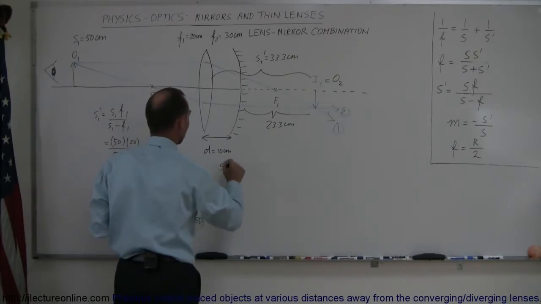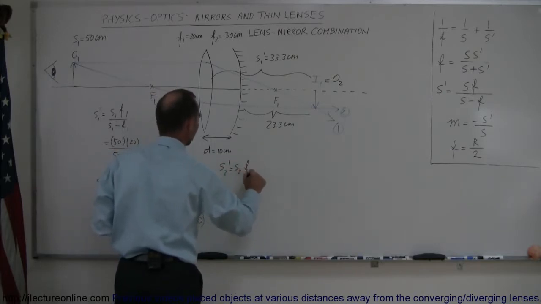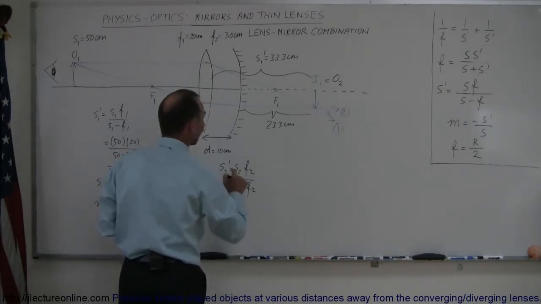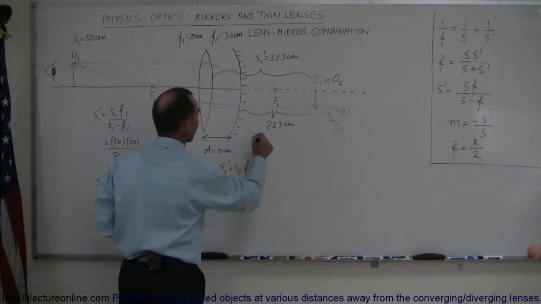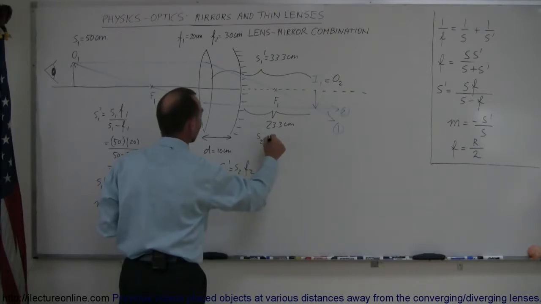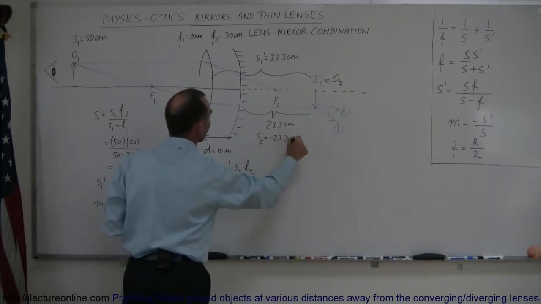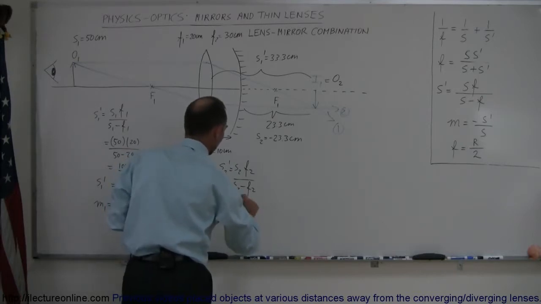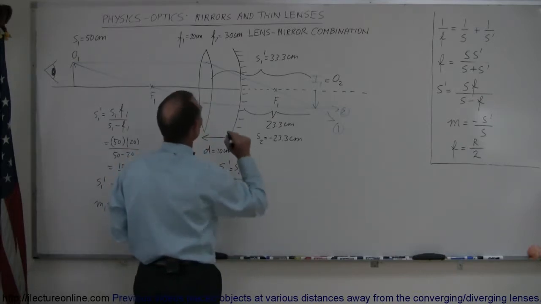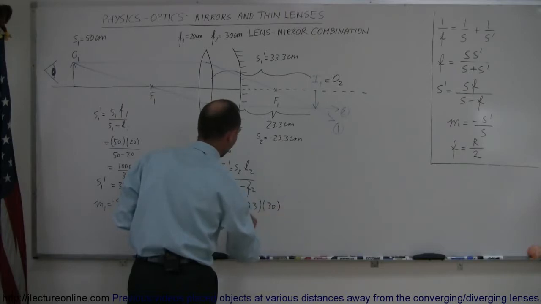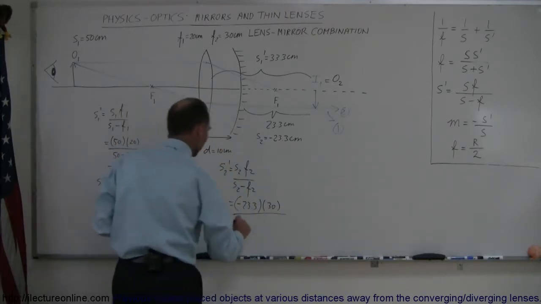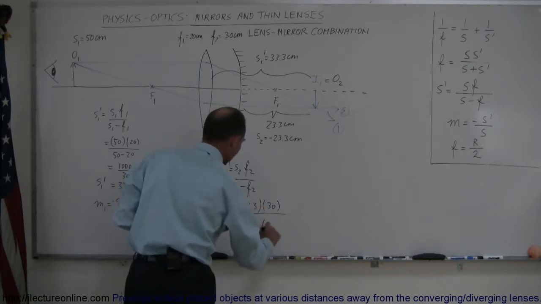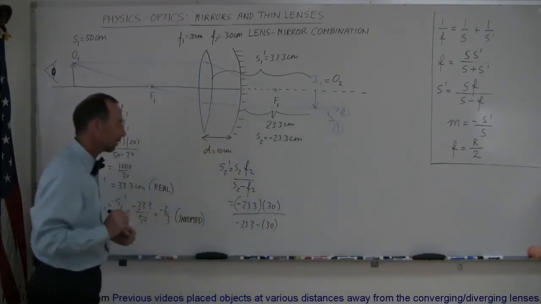So this is S2 prime is equal to S2 F2 divided by S2 minus F2. S2 is equal to minus 23.3 centimeters because it's behind the mirror. Multiply that times F2, which was a positive 30, divided by S2, which is minus 23.3, minus 30, the focal length of the mirror.